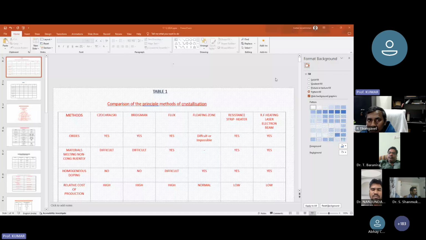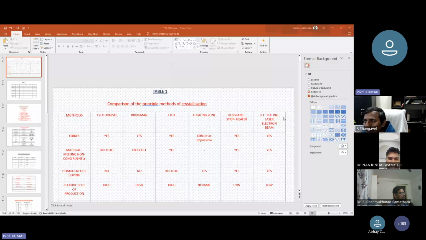We use various possibilities to assist these growth techniques, like for example, resistance heating or strip heating is used. And once you use this resistance heating or strip heating, you can achieve the relevant temperature. I will show you in the next few slides what are the temperatures which are being used. We can use RF heating, which is radio frequency heating. Generally 450 kilohertz of that order is used.